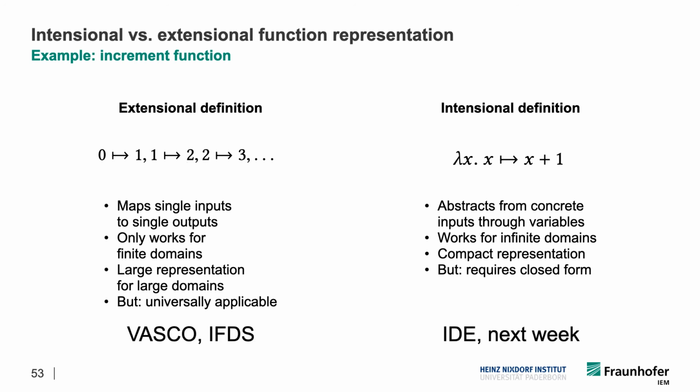And Vasco and IFDS really fall into this category, so they talk about these extensional definitions, whereas the advantage of IFDS over Vasco is that these input mappings you can deconstruct. So you can really talk about input mappings for individual variables or individual data flow objects that you have in your abstract domain.